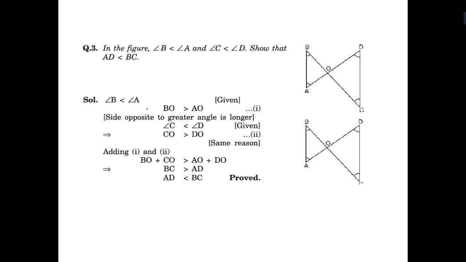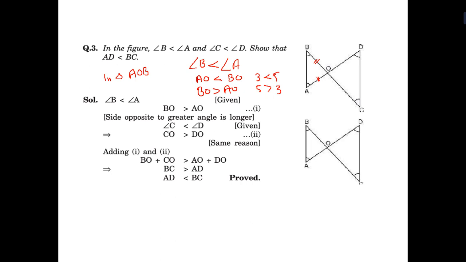Now we go for the third. In the figure that is given, angle B is less than angle A. So in triangle AOB, B is less than A. So B's opposite side is AO, and AO is less than A's opposite side, BO. In reverse I can also write that BO is greater than AO, just as 3 is less than 5, so 5 is greater than 3.